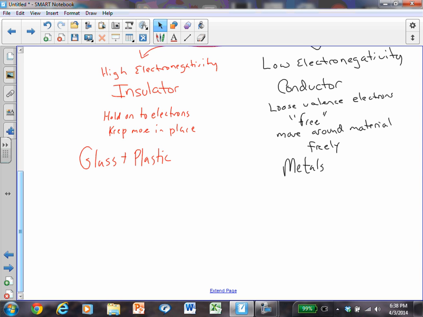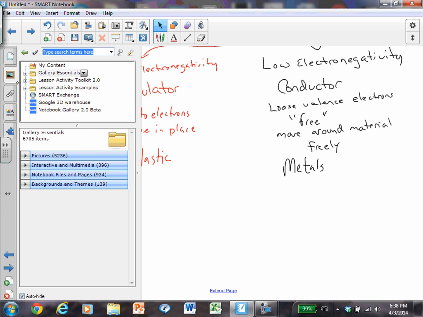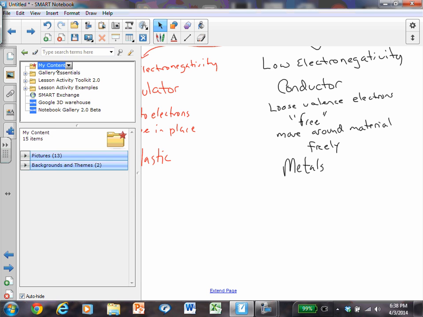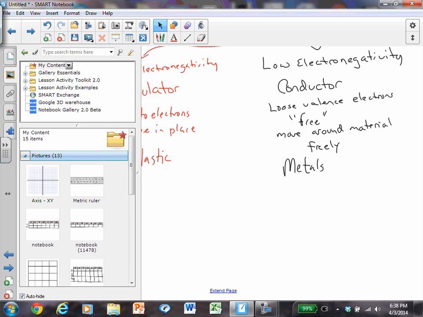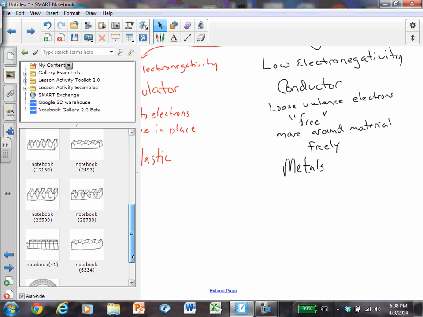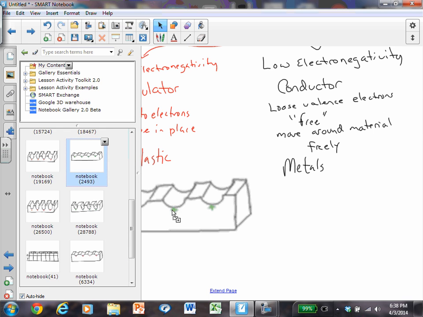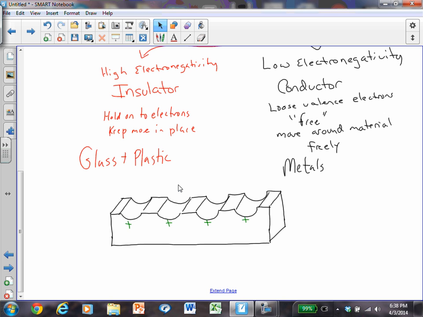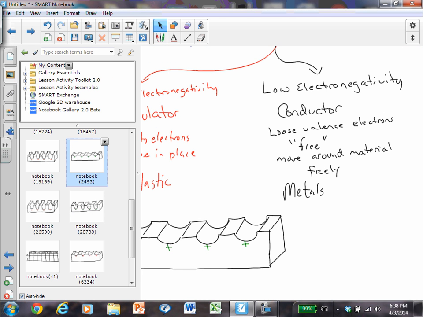You've probably seen these things popping up on here, but if we look at the well depth model, this is the representation of a conductor, and this will be our representation of an insulator.